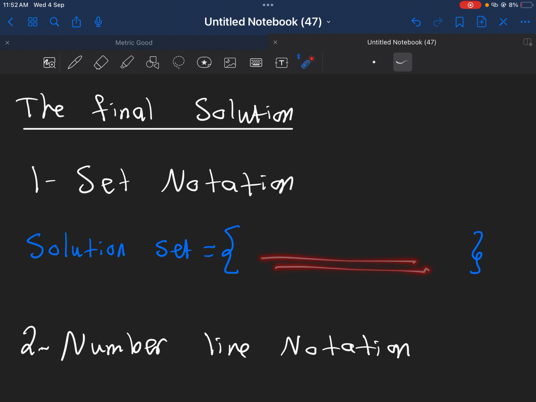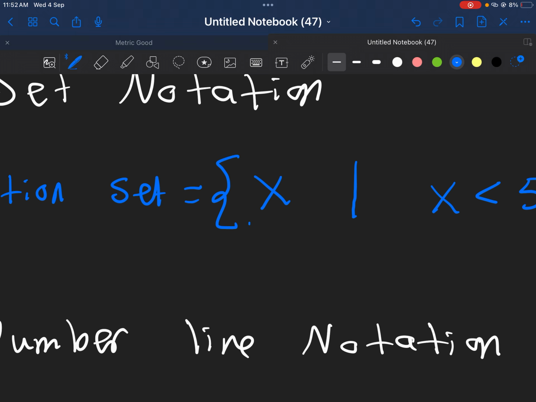Now, we know that the answer is x < 5. So first we explain x, and we put a line here. If we write it here, that means x is a number.